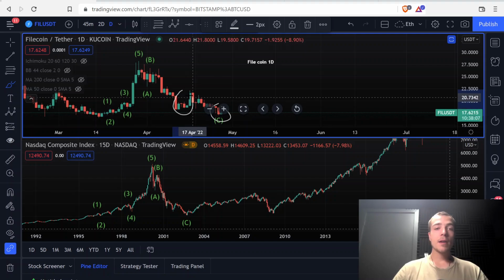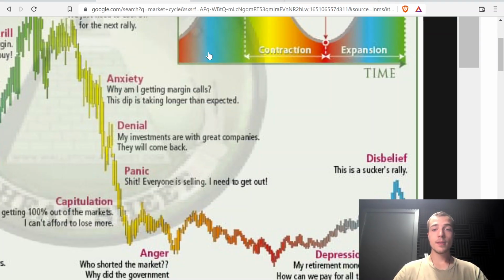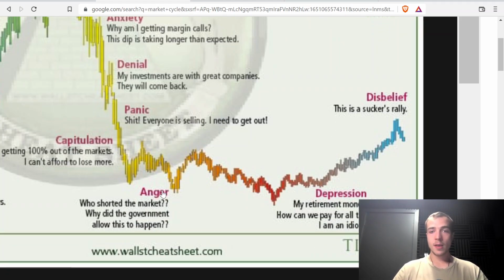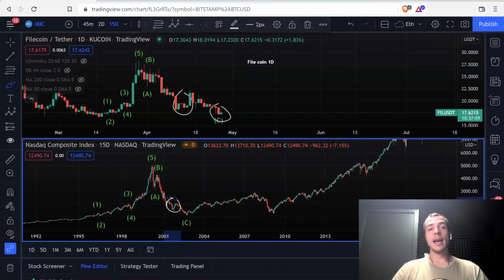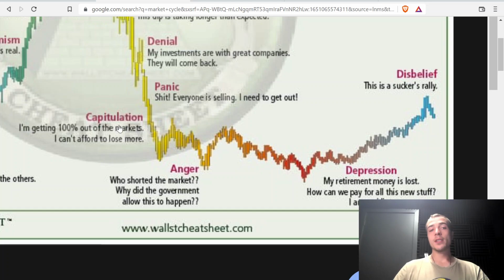This would have been anger right here, just like this right here would have been anger. And then depression. Anger and depression is where everybody's capitulating. It starts at capitulation back here, but between anger and depression, they are selling their investments.